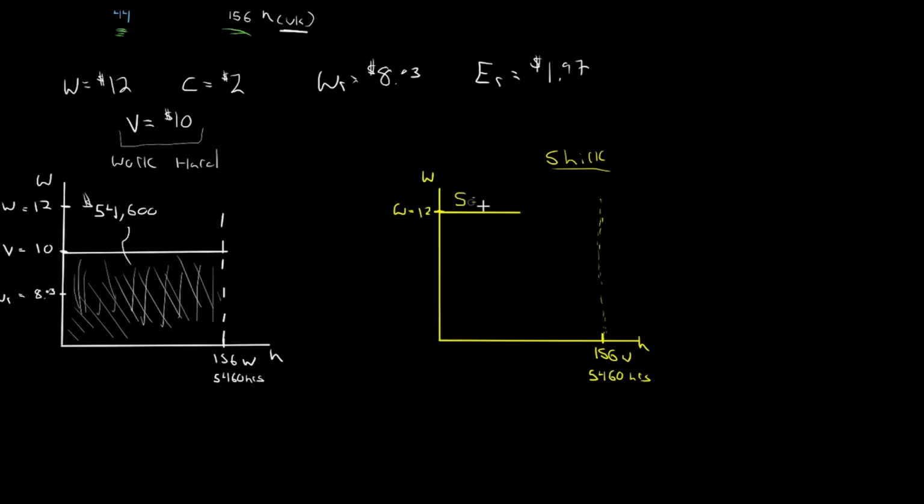Let's say that the amount of time she can shirk before she is caught is 90 weeks. Again, we're doing things in terms of hours. So what is that? That is going to be 3,150 hours.